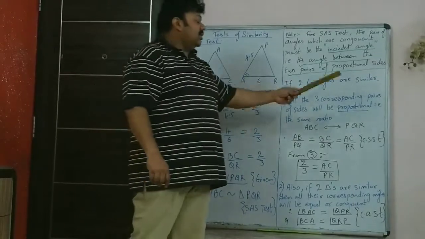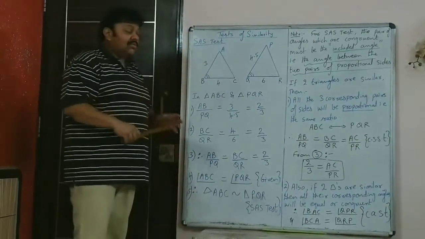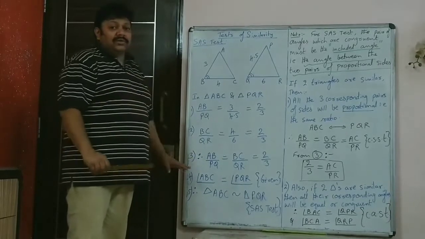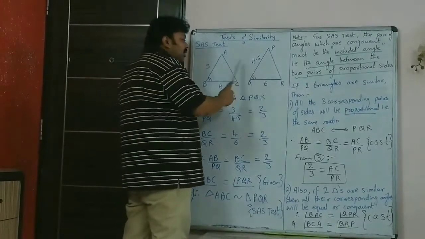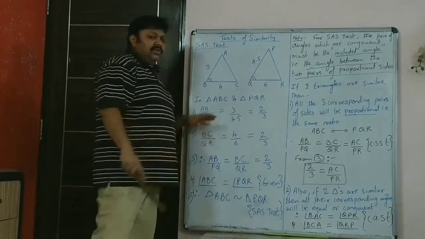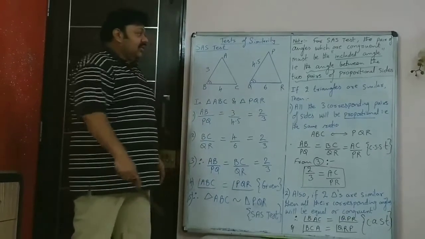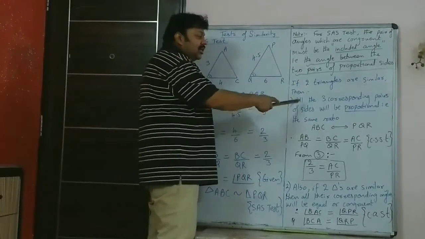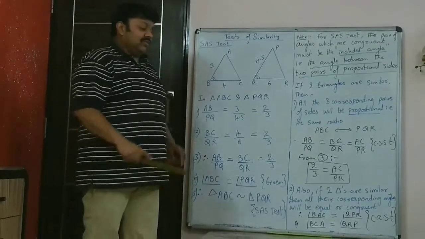If two triangles are similar by any test, of course here we just saw the SAS test, then all three corresponding pairs of sides will be proportional.